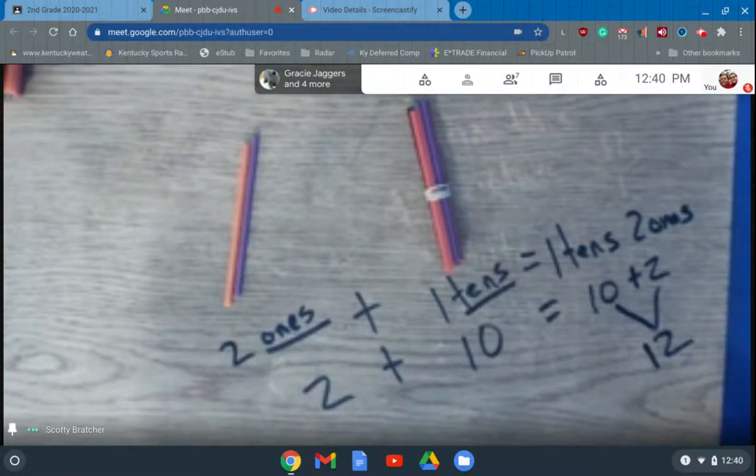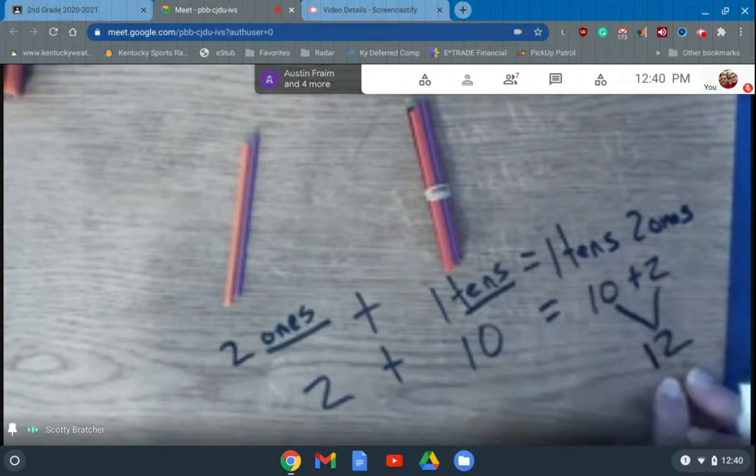Now, if I have tens, I can always add tens together. If I have some more ones, I can always add ones together, but I don't put tens and ones together until I come up with the answer at the end. Okay? All right, so that's kind of different today.